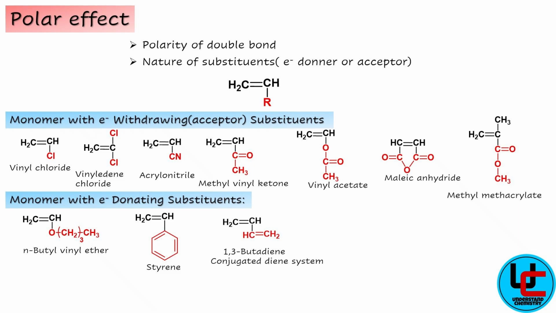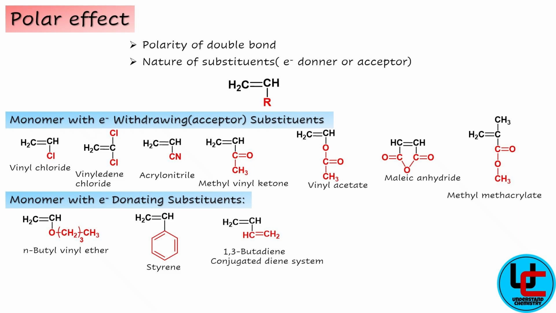These monomers are polarized with partial positive charge on the double bond carbon that makes them more reactive toward electron-rich radicals, especially those with donating groups.